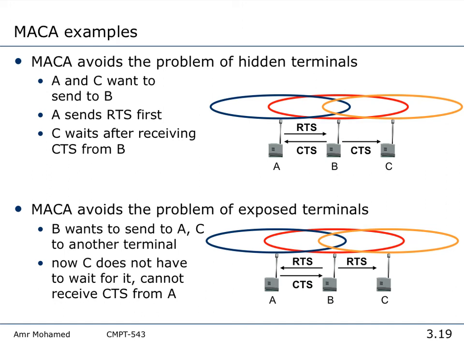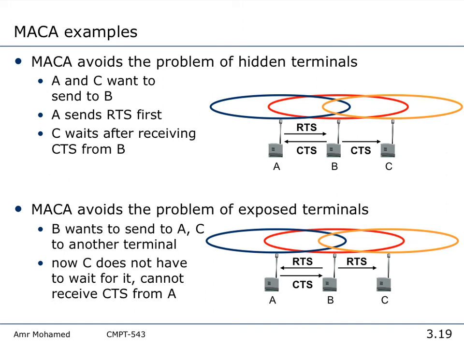SIFS has a different purpose. SIFS is always needed when you switch from reception to transmission or from transmission to reception. So that's why it is used from RTS to CTS. Remember, because RTS is transmission and CTS is the reception, or the other way around. The receiver will receive RTS and will send CTS, so it will have to switch from reception to transmission.